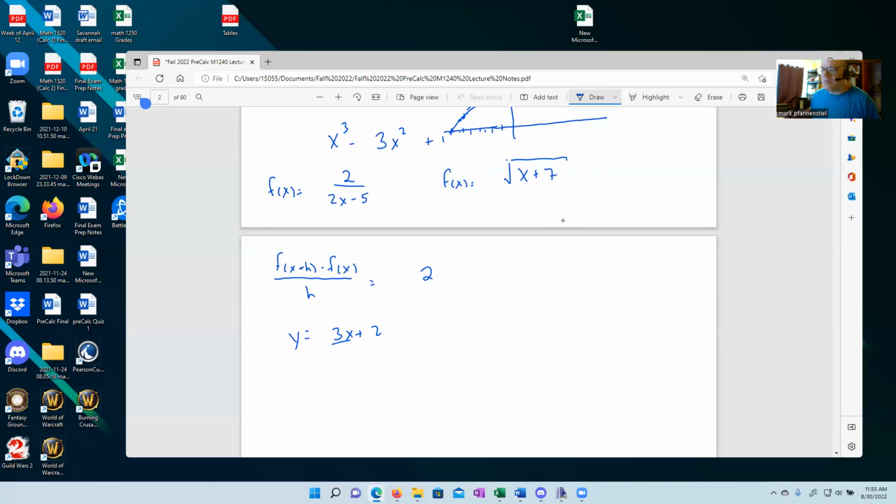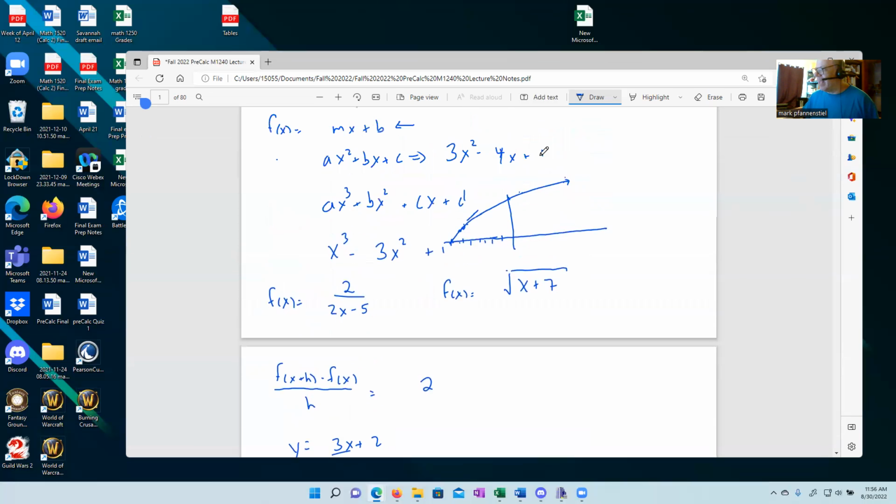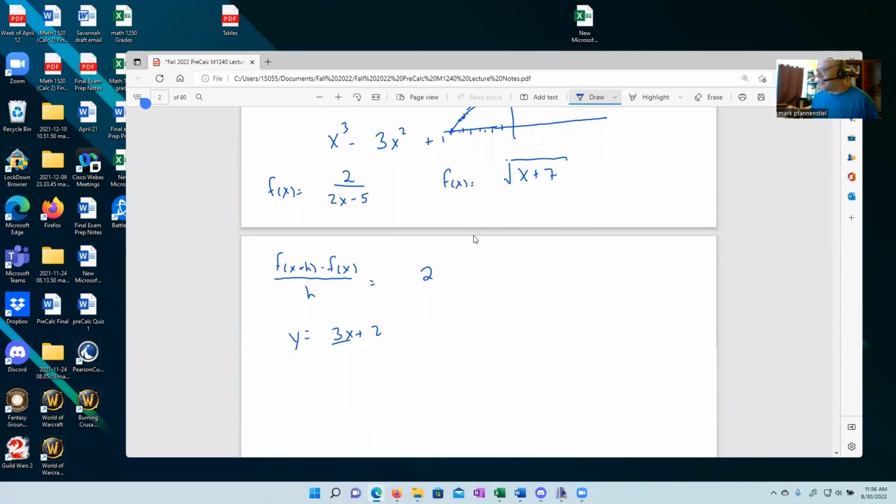If you do this problem and you come up with a number like 1, or negative 1/4, and you look at the function and see he gave me something with a square in it, that's a parabola. That changes. Parabolas look something like this. Those slopes are changing depending on where you are in the problem.